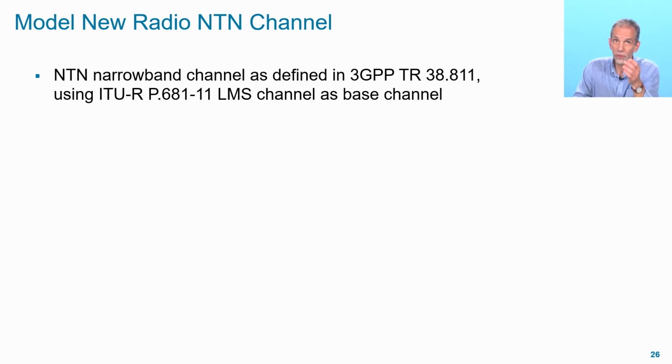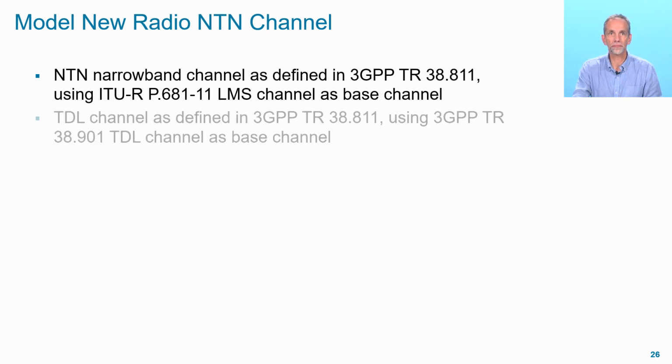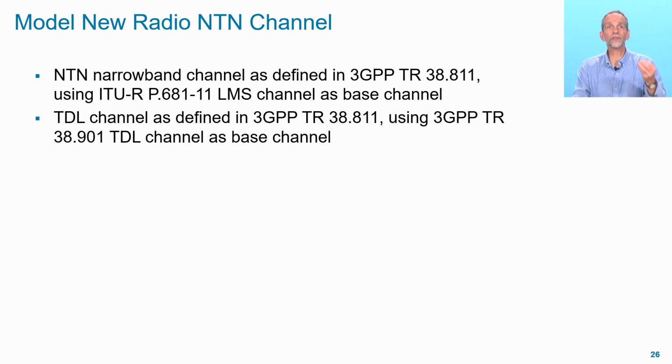A narrowband channel, which is basically a frequency flat channel, is defined in TR 38.811, which uses yet another standard from the ITU, an LMS, Land Mobile Satellite channel, as a base channel. A TDL channel is frequency selective, also defined in 38.811, and it uses the terrestrial tapped delay line, or frequency selective model, as its base channel.